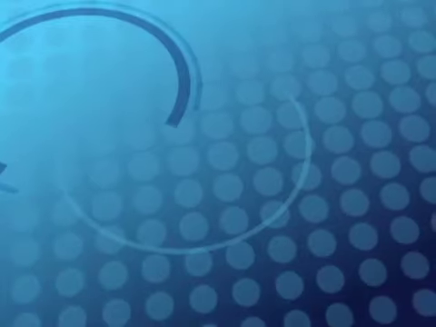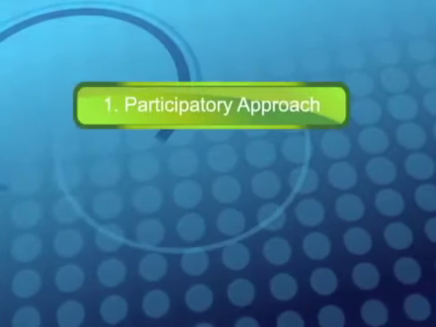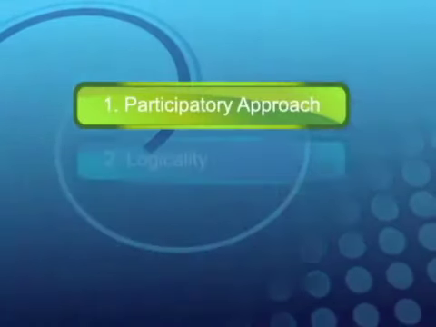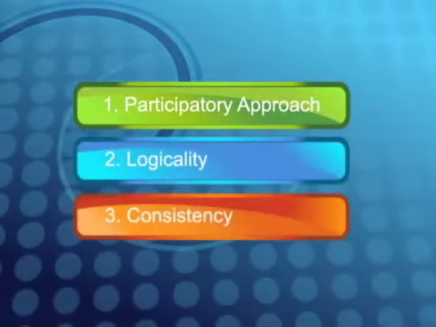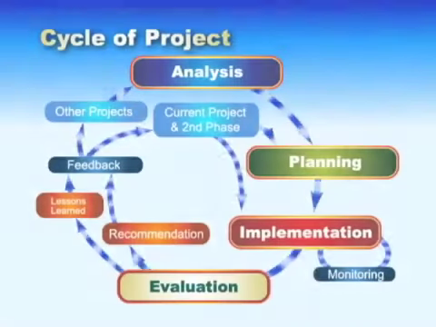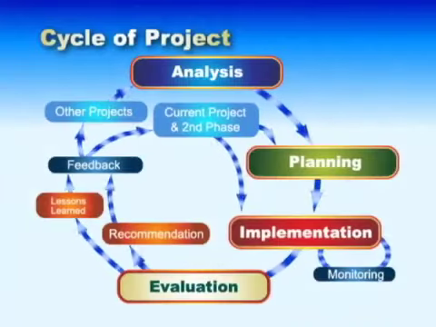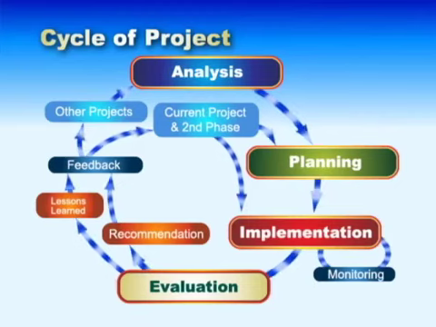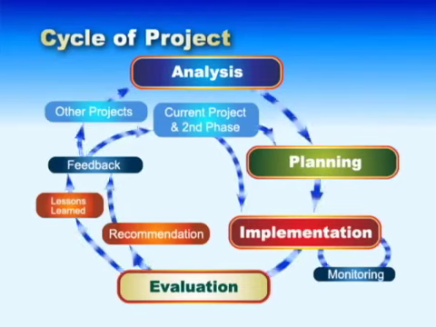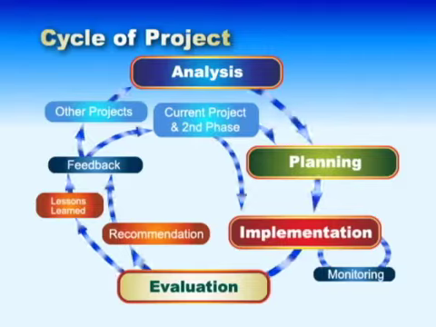The PCM method has 3 characteristics, which are participatory approach, logicality, and consistency. The PCM method consists of analysis and planning, monitoring, and evaluation. They can be divided into 8 steps in total.